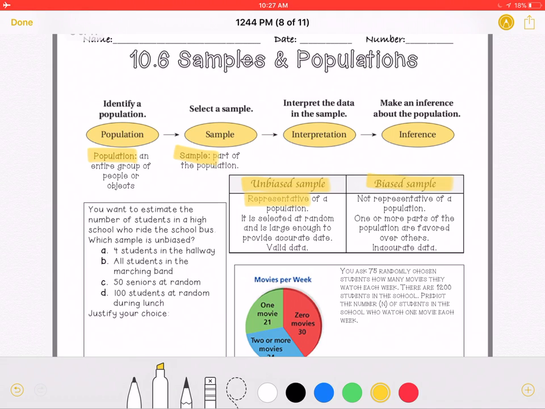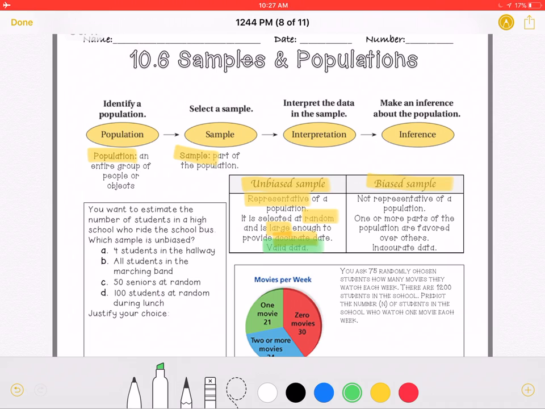We can take those results and apply them to the whole population. It is selected at random and is large enough to provide accurate data. So important things, it has to be random and it has to be large enough. If it's random and large enough, then that is accurate, and we say that it is valid data.